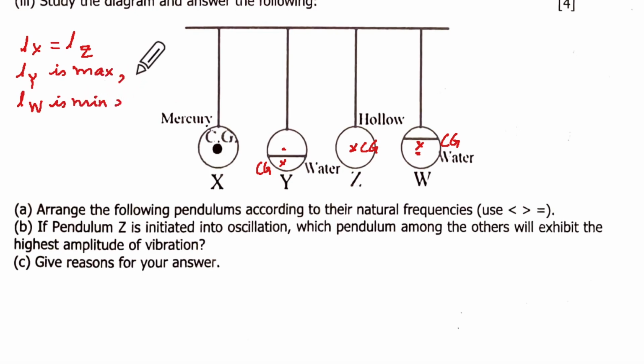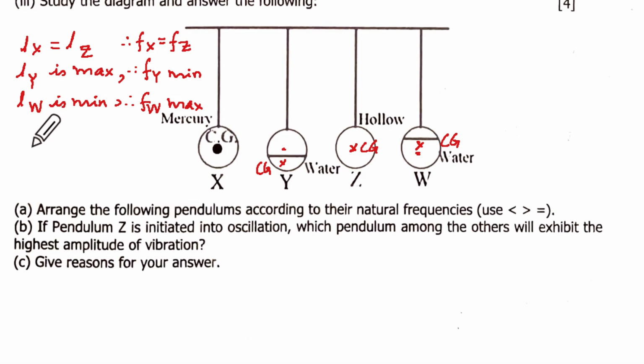So therefore the frequency of Y will be minimum. Therefore the frequency of W will be max, and therefore the frequency of X equals the frequency of Z.